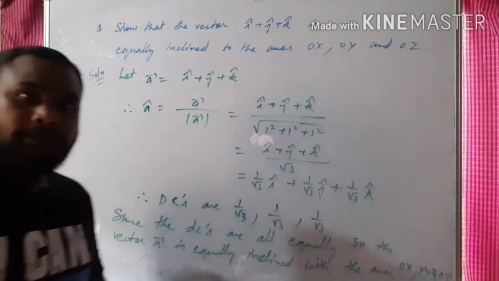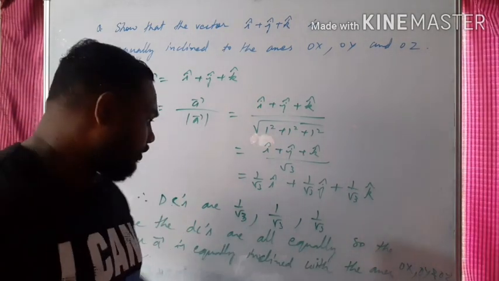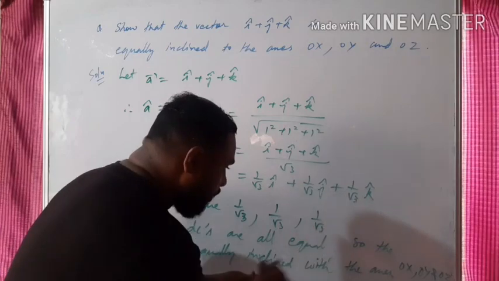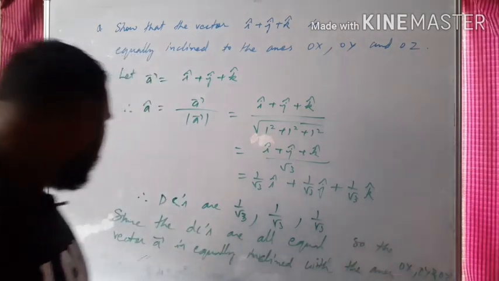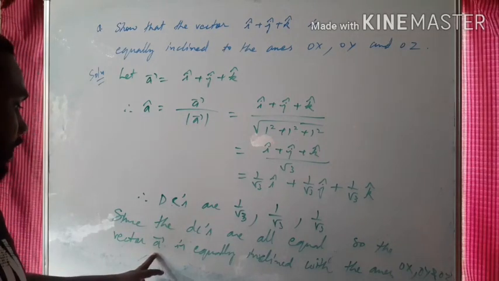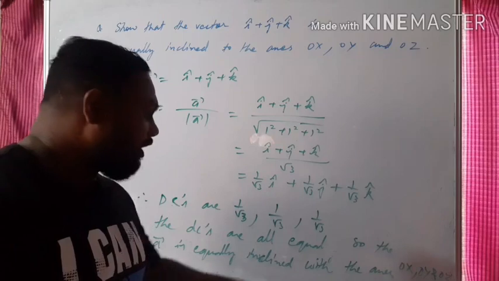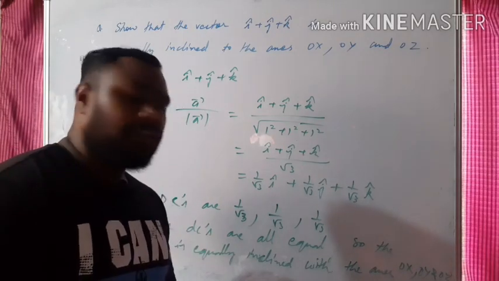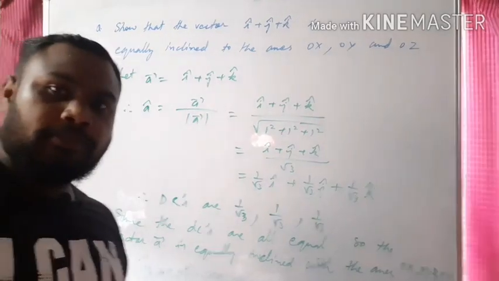Okay. So since the DCs are all equal, the vector A is equally inclined with the axes OX, OY, OZ. So it's proved. Okay.